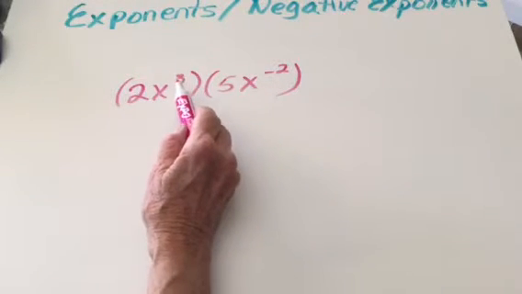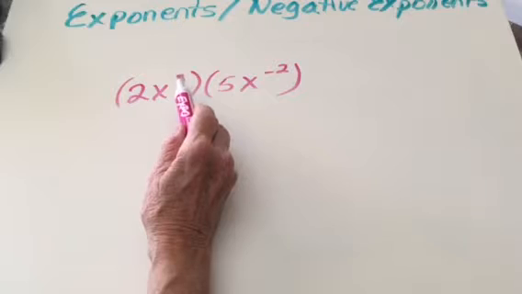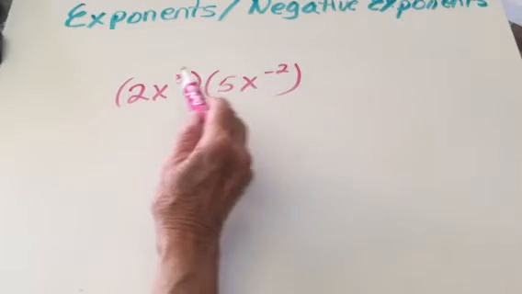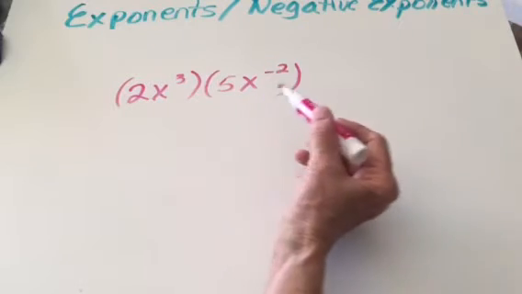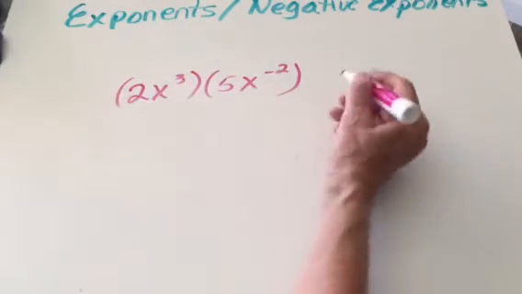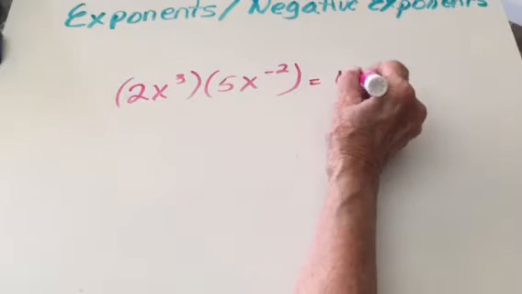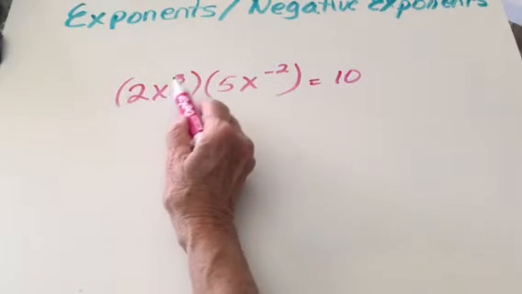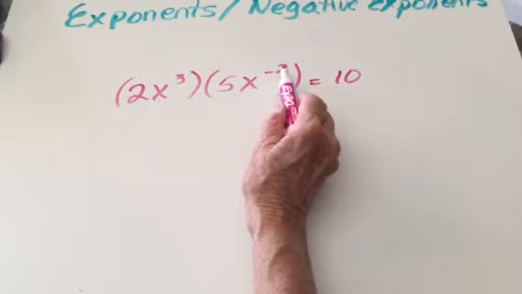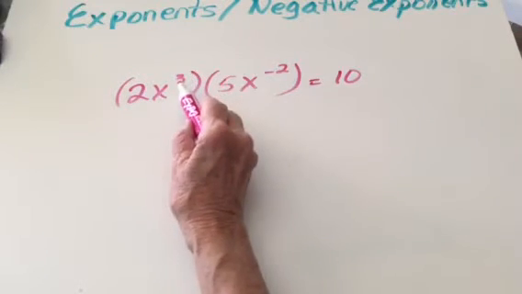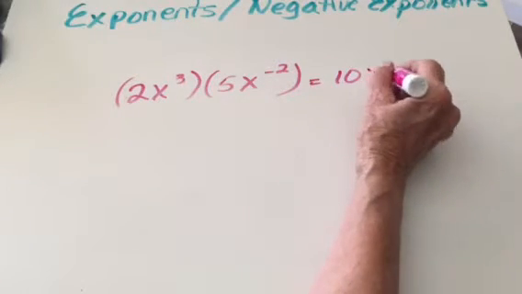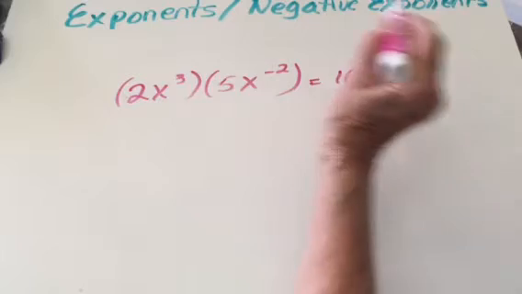What happens when you multiply with exponents? Remember what you do? You add the exponents, but you multiply this guy. So 2 times 5 is 10, right? X to the 3rd times x to the negative 2 means I add, which is 3 take away 2 is just 1. So it's just 10x to the 1.